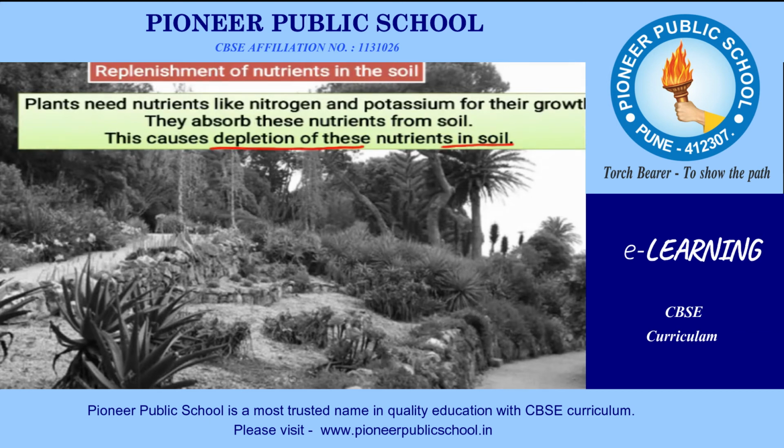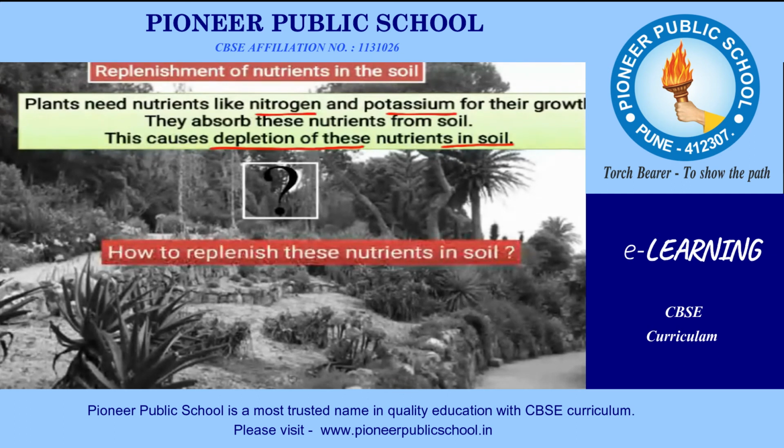Now, dear students, which are the nutrients that are important for the plants? Here, nitrogen, potassium, along with sulfur and phosphorus are the important nutrients for the plants. Now, how to get these nutrients back into soil? That is the question. So, dear students, we have certain methods.